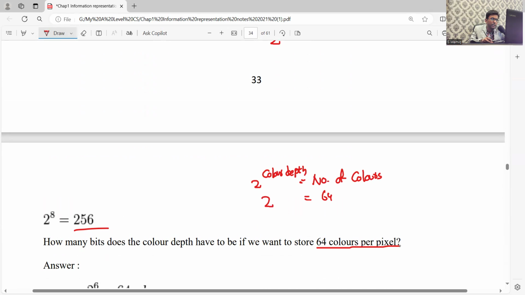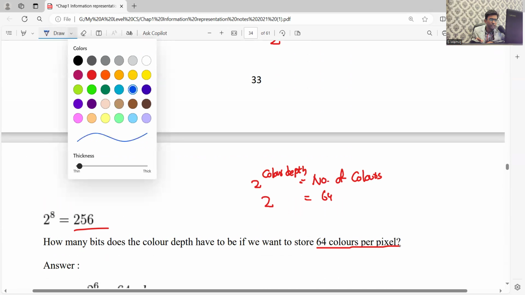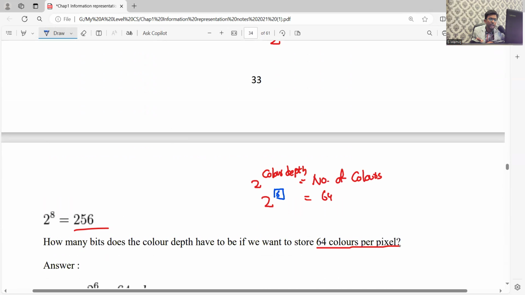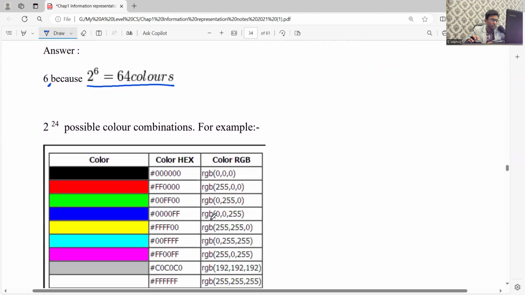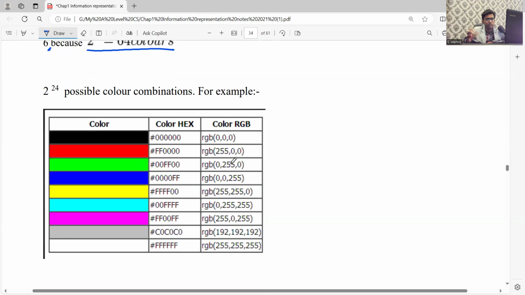It is simple: when I take 2 to the power 6, when I take the color depth 6, I have the answer 64. So the answer is going to be 6, because 2 to the power 6 is 64 colors, and this is what was asked in the question. So 2 to the power 24 as well. You can see that these color combinations provide you with different combinations.